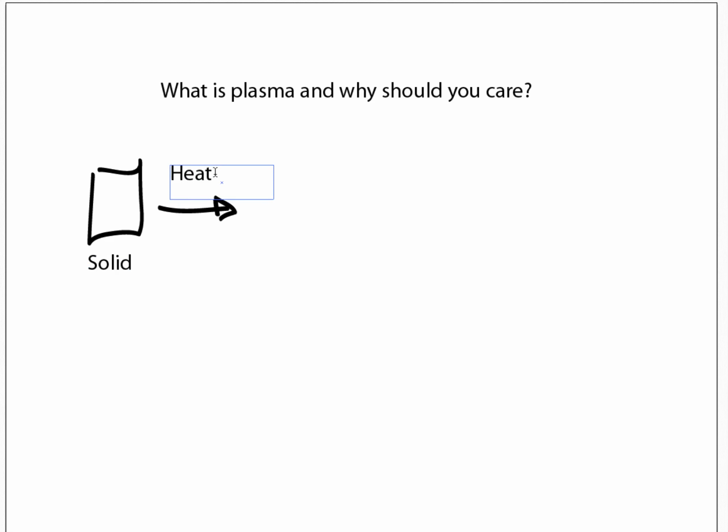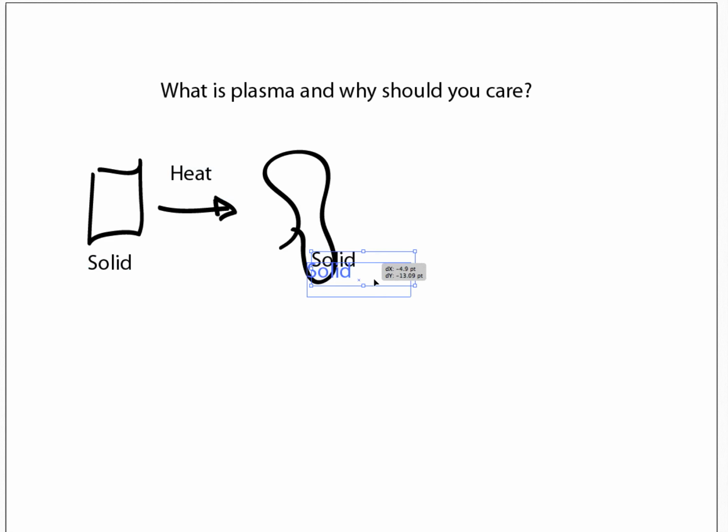Heat, and that heat will accomplish a state transition of this block into another state, which is liquid state. Right here, liquid.